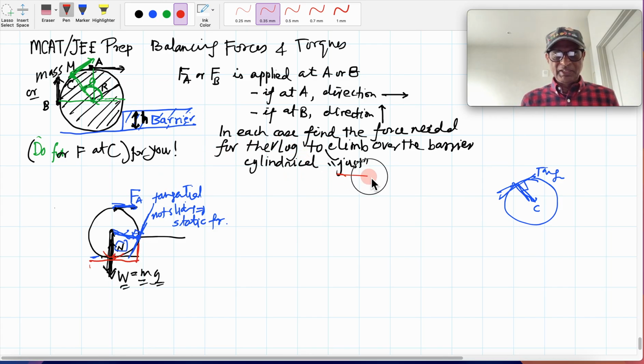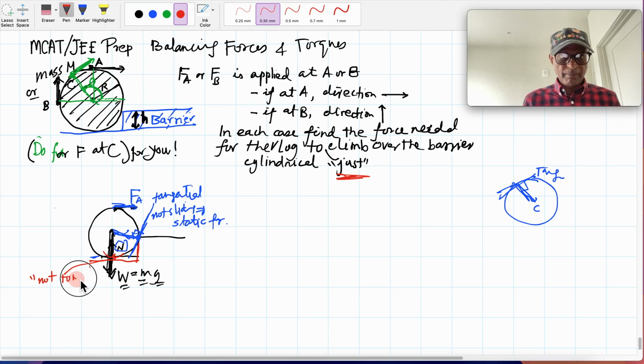So over here it's not touching the floor anymore, and that makes the normal 0.